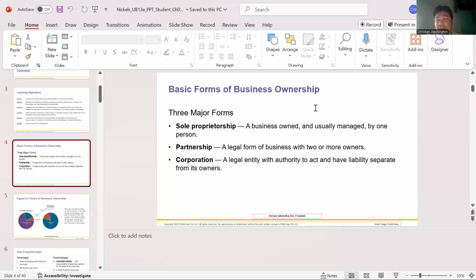So you can register yourself with a certificate of authority. You can then take your sole proprietorship and register yourself as a business. You can get a separate tax ID, which is what I would recommend you do. I don't recommend you use your personal social security number as your sole proprietorship.